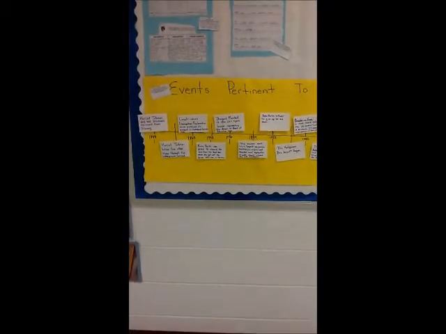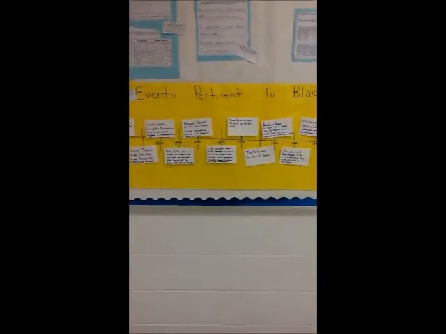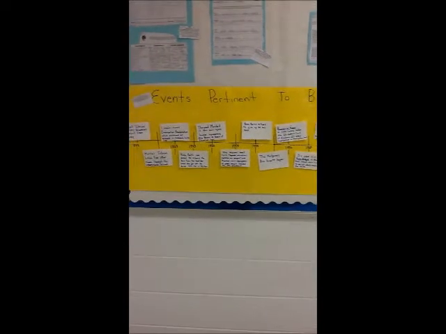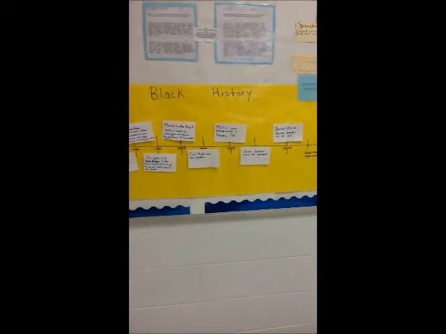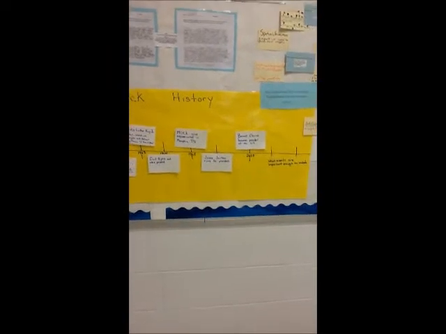At the end of our activity, we did a timeline of pertinent events in African American history, and the students had to place the index cards on the correct year and justify their placement, knowing that Martin Luther King couldn't have been assassinated before he gave his civil rights speech, and so on.